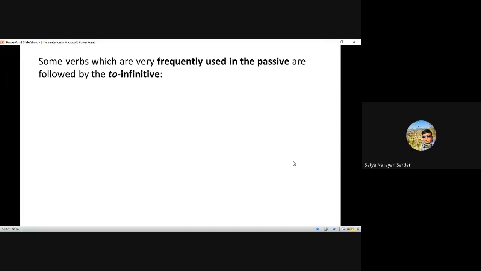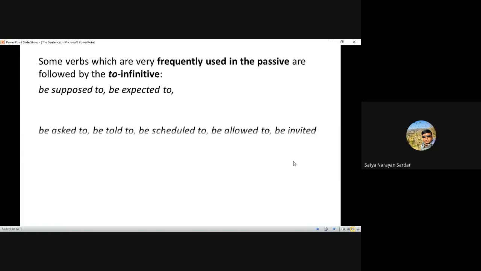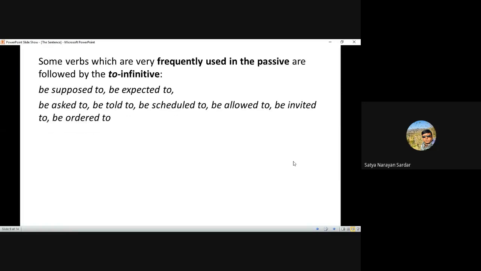Some verbs which are very frequently used in the passive are followed by the to infinitive. Let us see. Be supposed to, be expected to, be asked to, be told to, be scheduled to, be allowed to, be invited to, be ordered to.